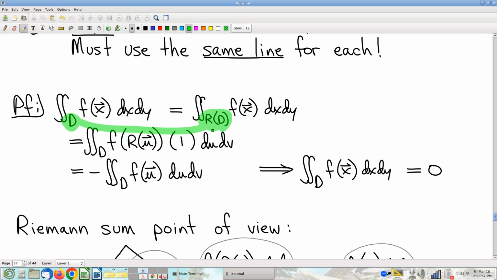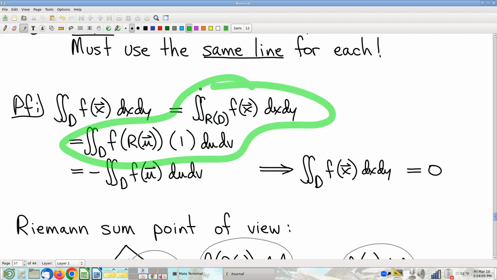It's the exact same set. So, cool. Nothing changed. Nothing happened. Next, pullback, aka change of variables. Pulling back through the reflection. The domain being the image turns into a new integral with domain being the pre-image. That's how we do pullbacks.